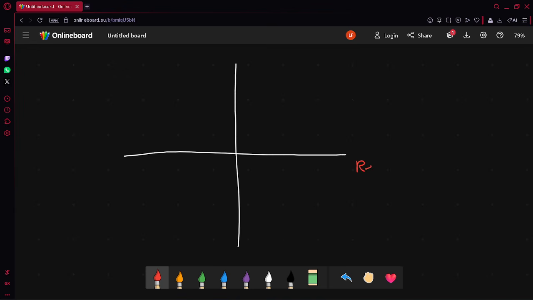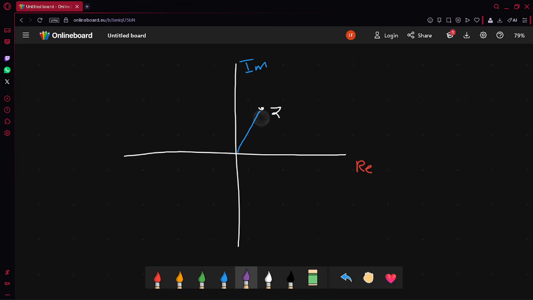So this is actually the real axis, and this is your imaginary axis in complex numbers. And your complex number is denoted by a point, or in some cases a vector. But let's say you have a line joining it, and you want to measure this distance.